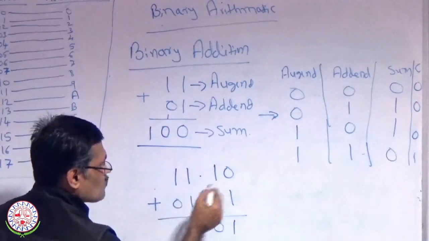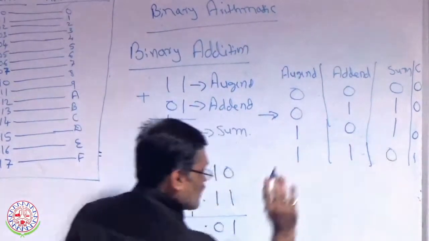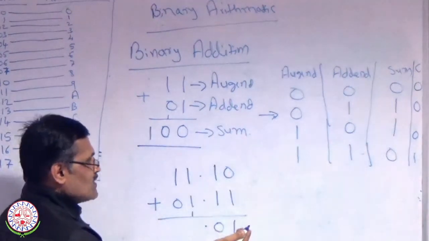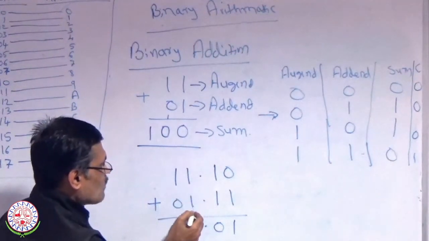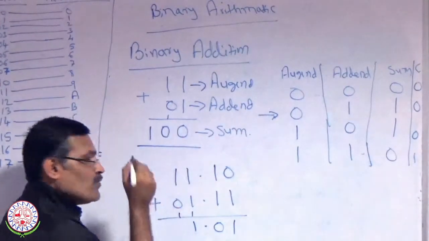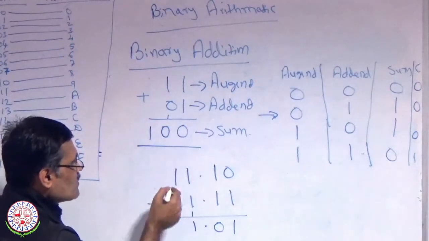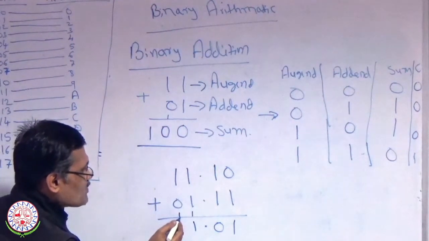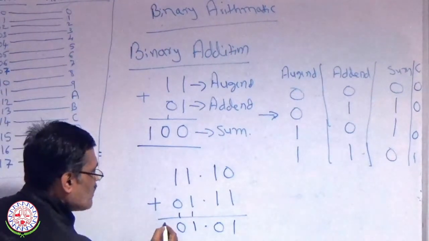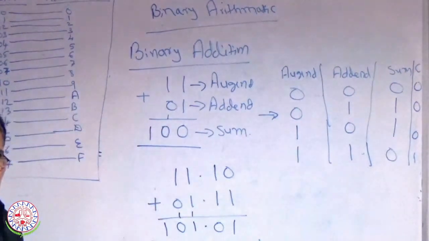Now 1 plus 1, both AUGEND and ADDEND are 1, so the sum is 0, and there is one more carry generated previously, so 0 plus 1 is again 1, and the carry generated is taken to the next digit. Now 1 plus 0 is 1, then 1 plus the carry 1 gives sum 0, carry 1. So the overall result is 101.01.